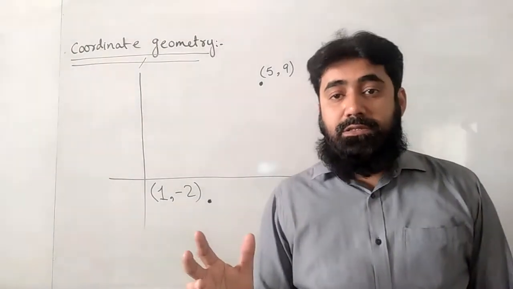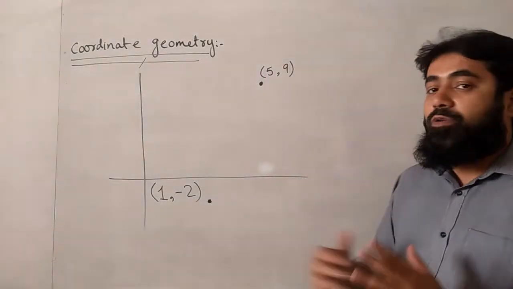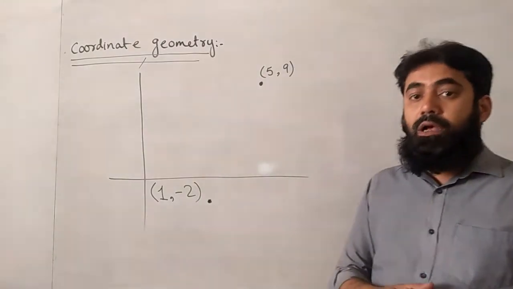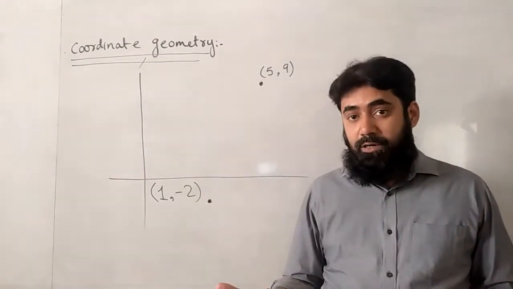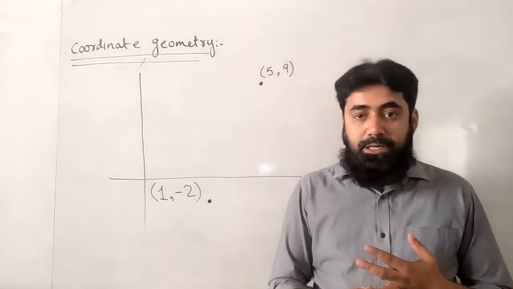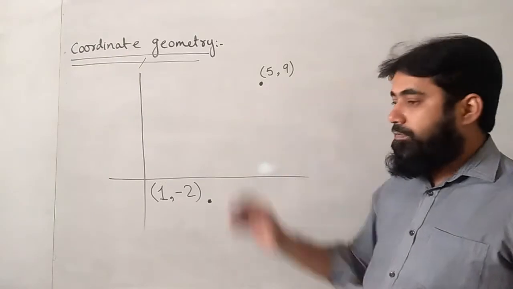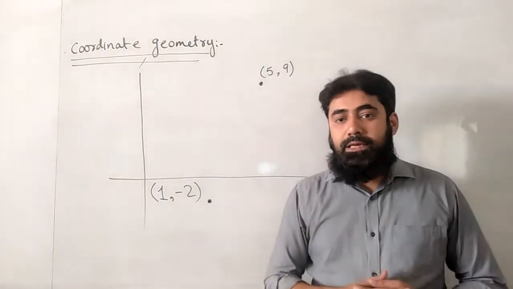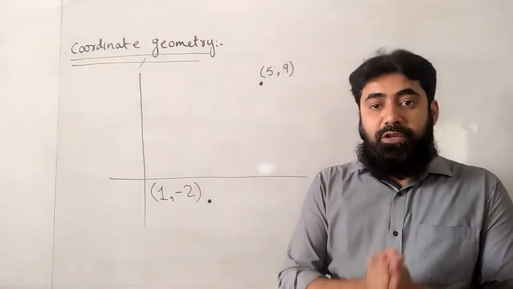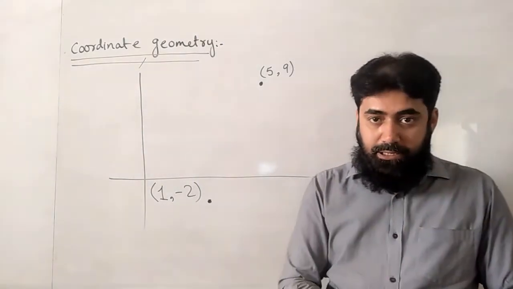If you do the same thing on a graph copy, we have different types of graph books, an inch graph and a centimeter graph. If we plot it there and take the distance, that distance will be different for each scenario.